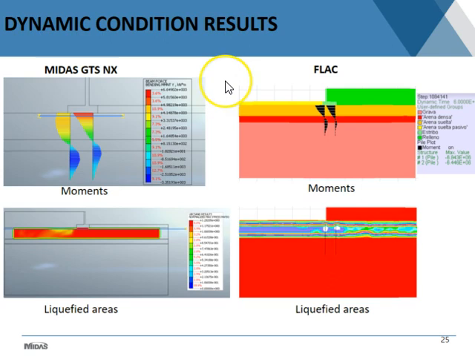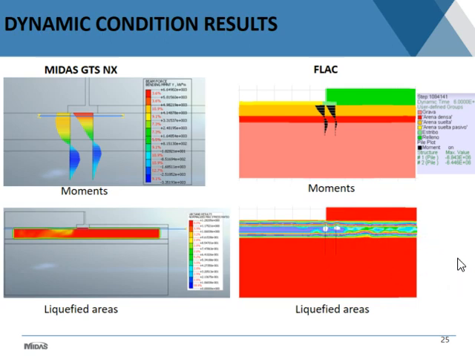It's in the order of 5% in terms of bending moments. If you also take a look at the liquefied areas in the area of the abutment, you see that they are very similar. This is Midas, this is FLAC 2D.